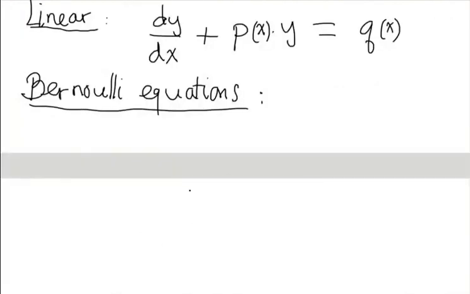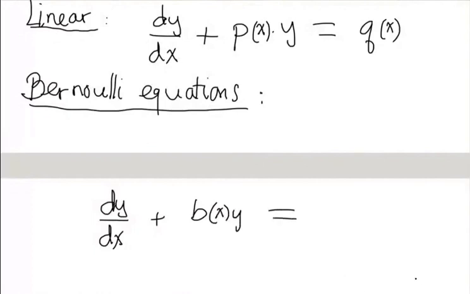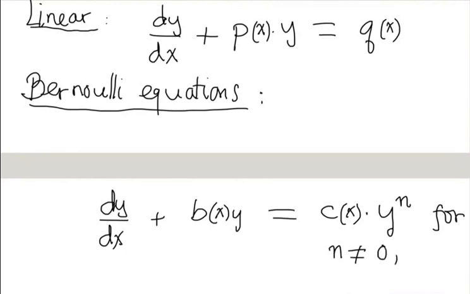Bernoulli equations are equations that can be written in this form: dy/dx plus b(x) y equals c(x) times y to the power n, for n different from 0 and 1.